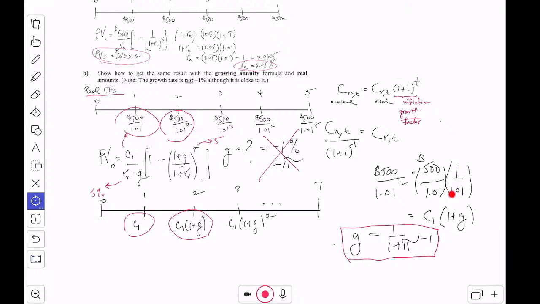So what I actually have here is C1 and 1 plus G. The growth rate will be negative when you solve this. You equate these and you get this.